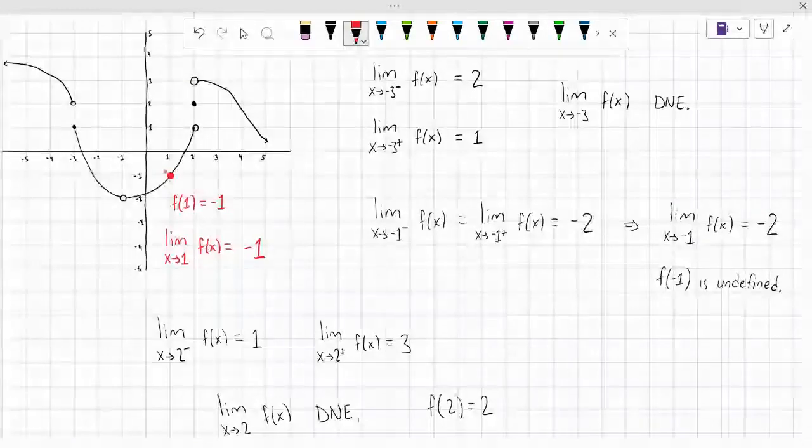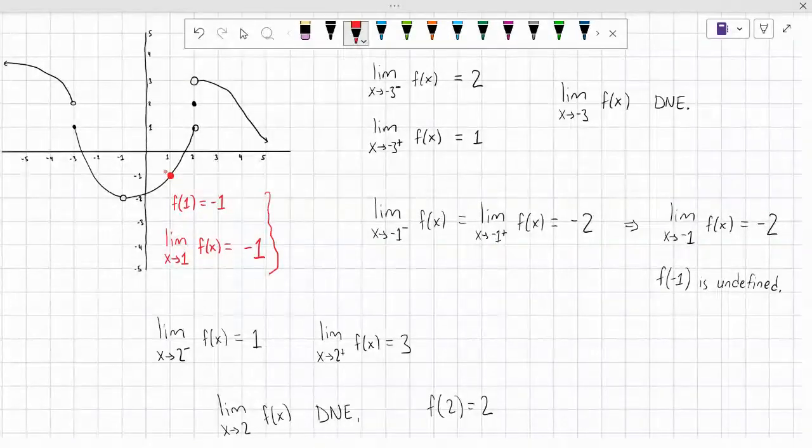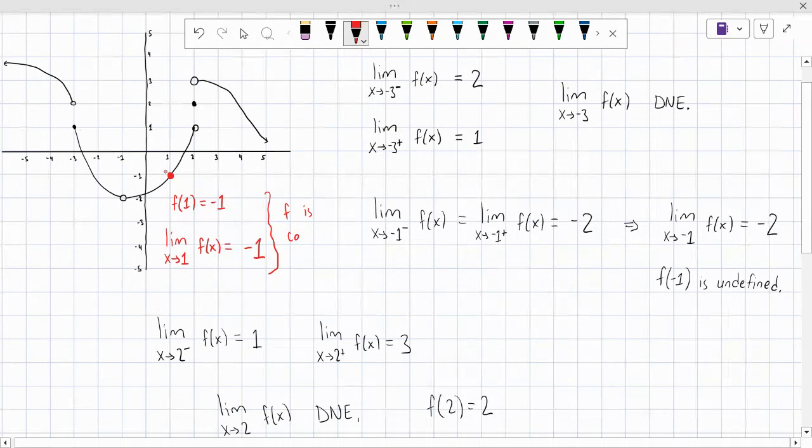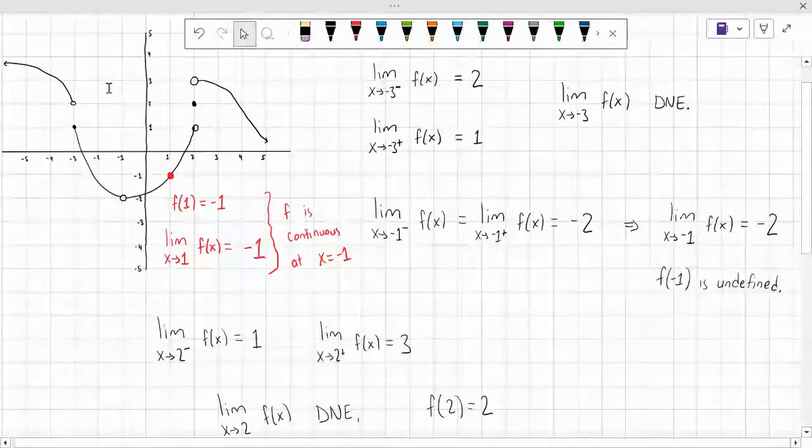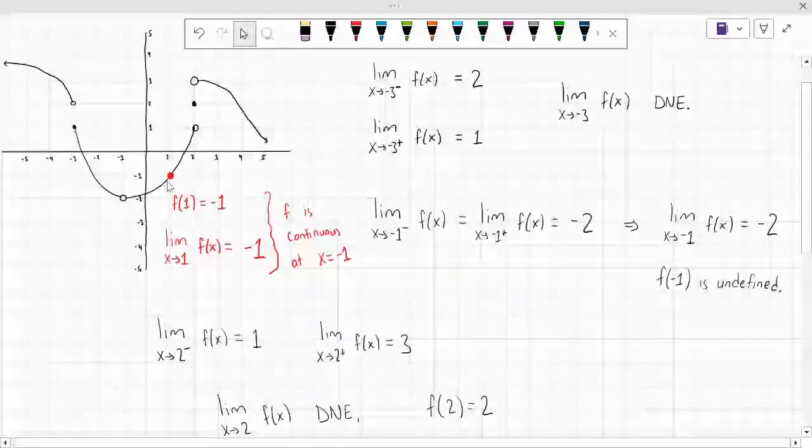Whenever this happens, when the limit is equal to the value of the function at that point, we say that the function f is continuous. We'll maybe talk a little more about continuity tomorrow, perhaps. Intuitively, to be continuous just means that there's no hole or jump in the graph.